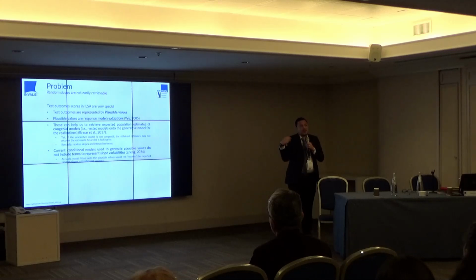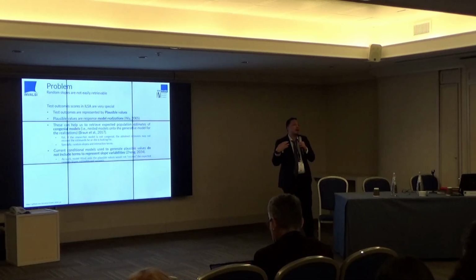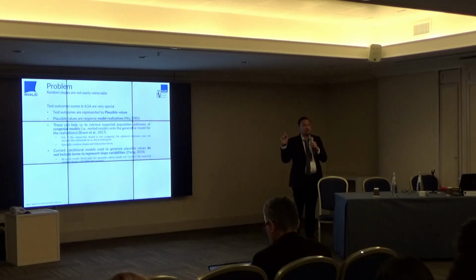So the issue is that the most likely scenario is that there is no representation of interactions, and if there is, it's uncertain. You don't know if there is an appropriate representation of the interaction you might be looking for. And we're certain that there is no way to represent random intercepts out of the blue.